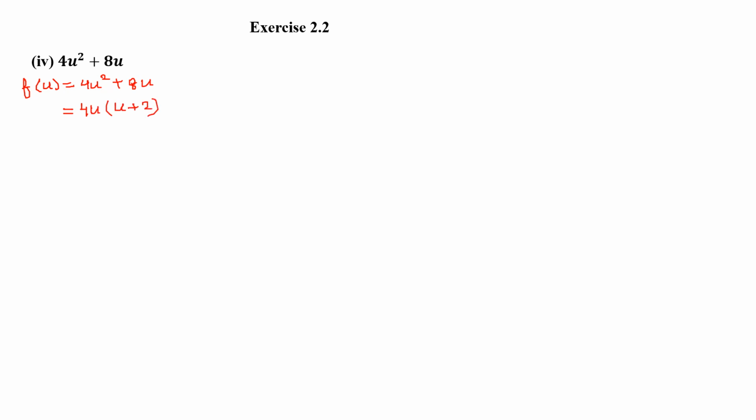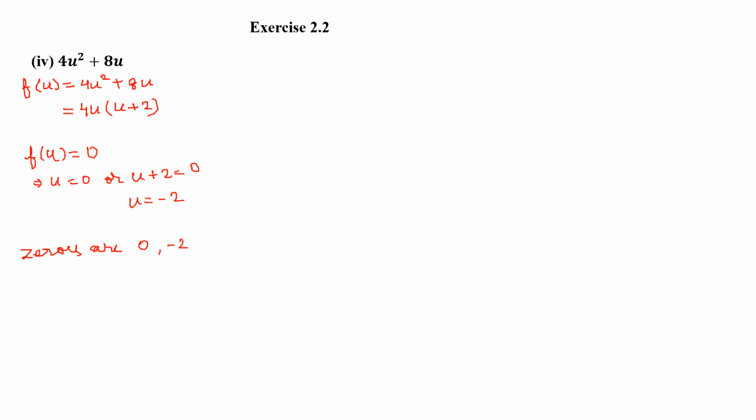Now to get the zeros of this polynomial, f of u will become 0 when either u is 0 or u plus 2 equal to 0. And u plus 2 equal to 0 means the value of u will be minus 2. So from here I can get my zeros: 0 and minus 2.